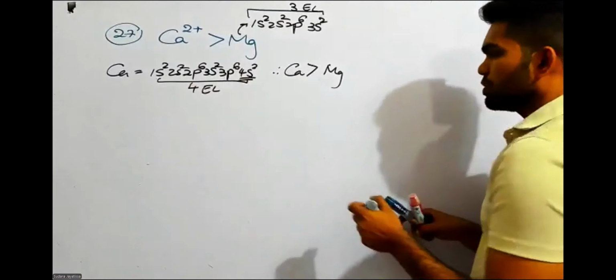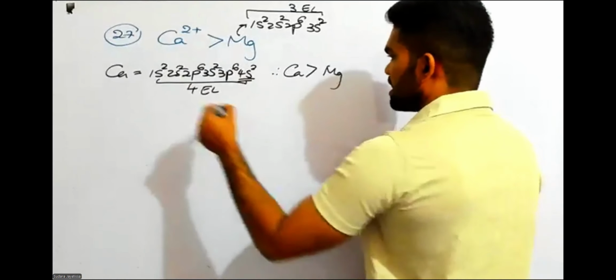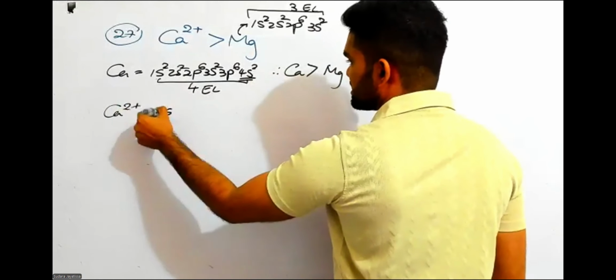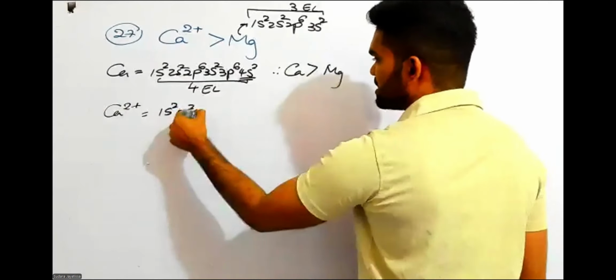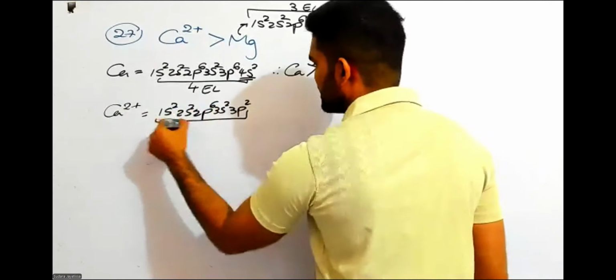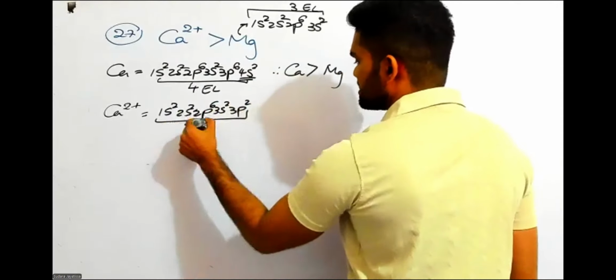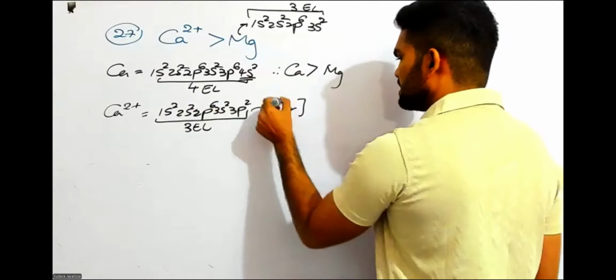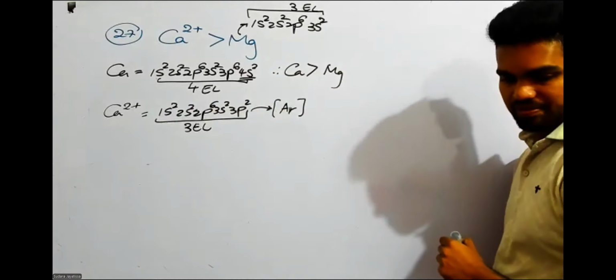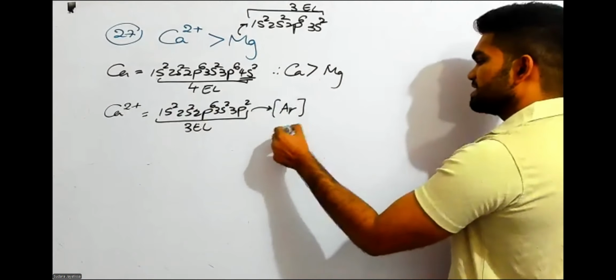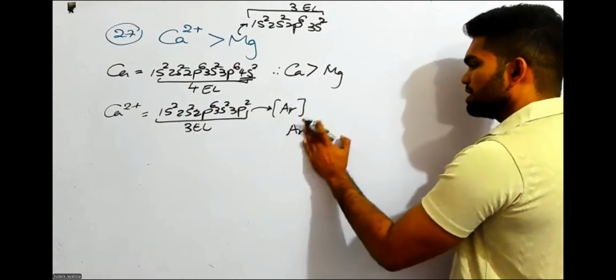But let me show you the calcium ion configuration. Calcium ion electronic configuration is 1s2, 2s2, 2p6, 3s2, 3p6. So it has only 3 energy levels and shows the same electronic configuration as argon. Understand? Calcium 2+ will be smaller than argon.